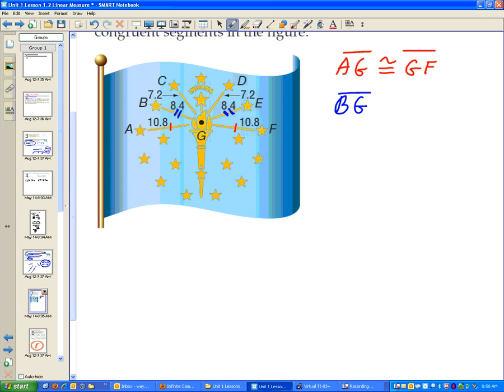Segment BG is congruent to segment GE. And by the way, if I call it BG and you call it GB, is that okay? Yep, that's okay. And you know it, what's the last one? And there we go. Use the proper notation. Use the segment symbols. Use the congruent sign.